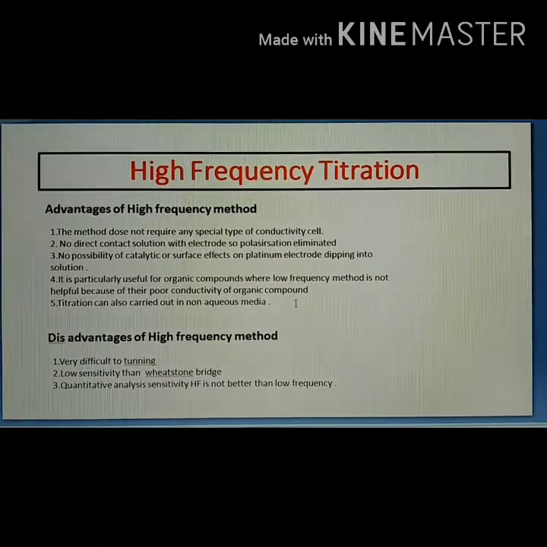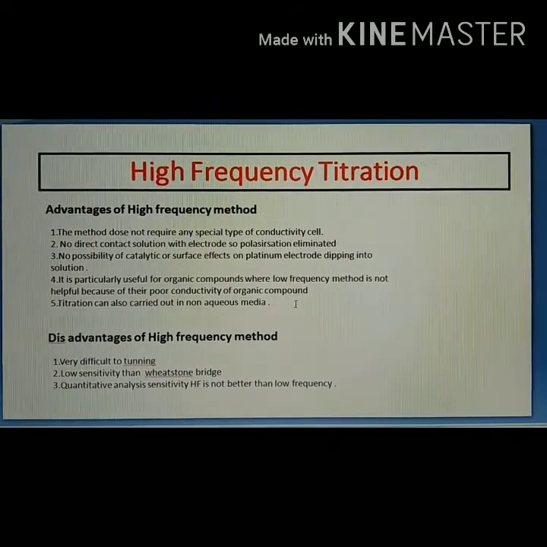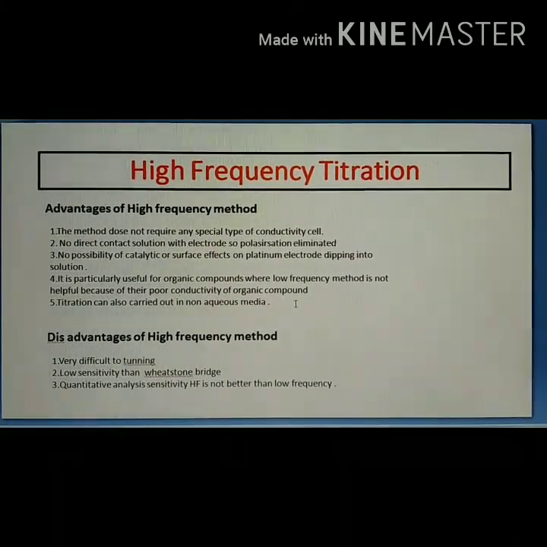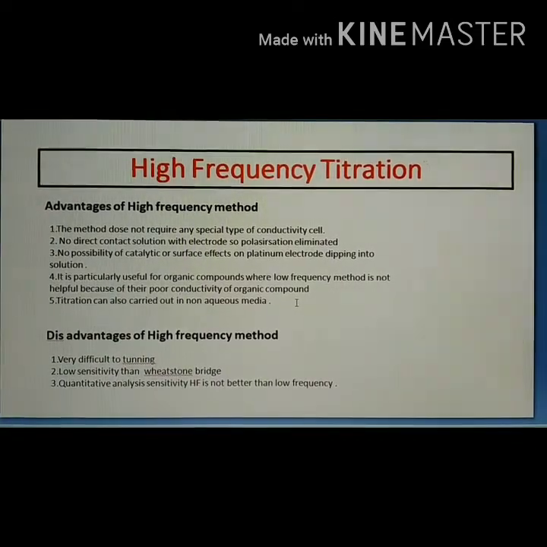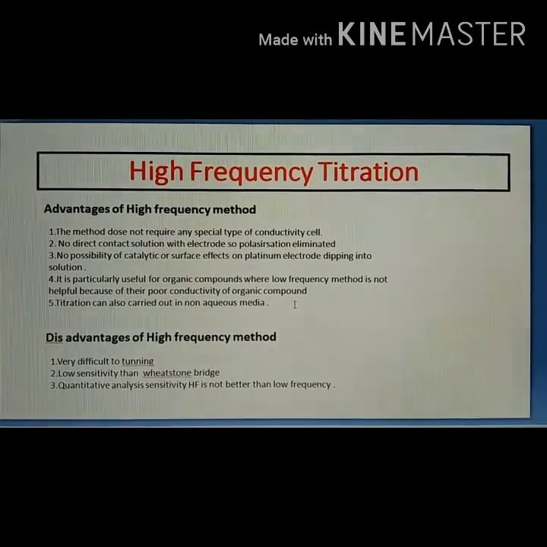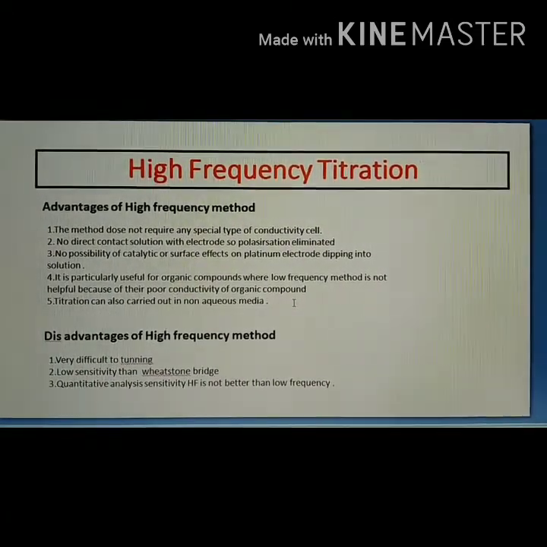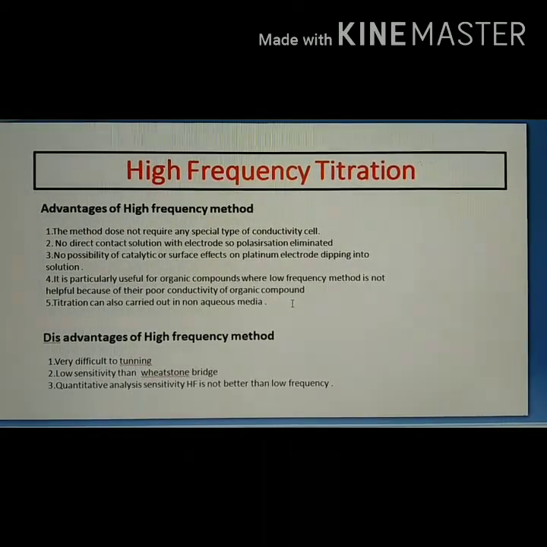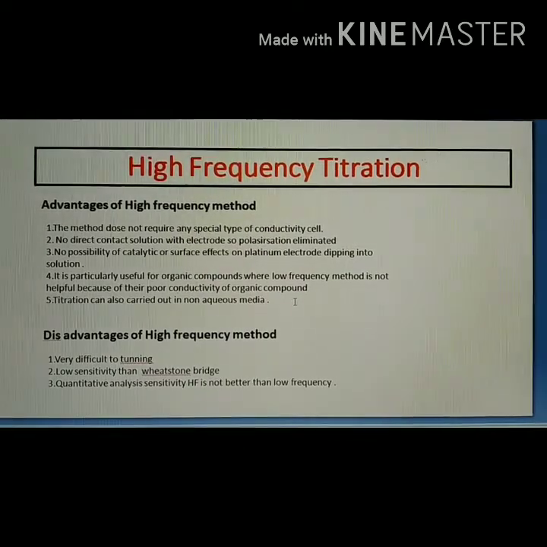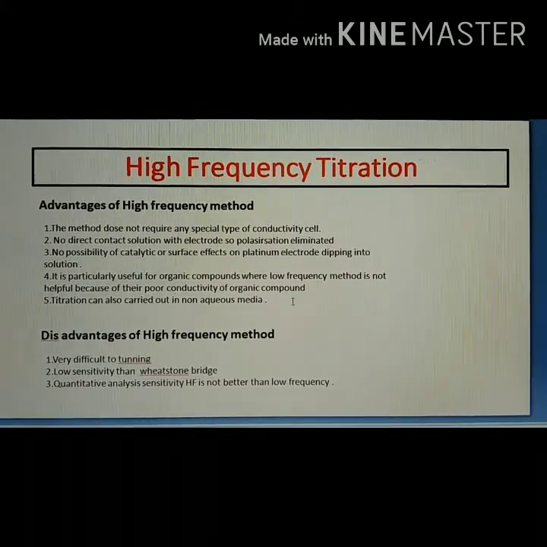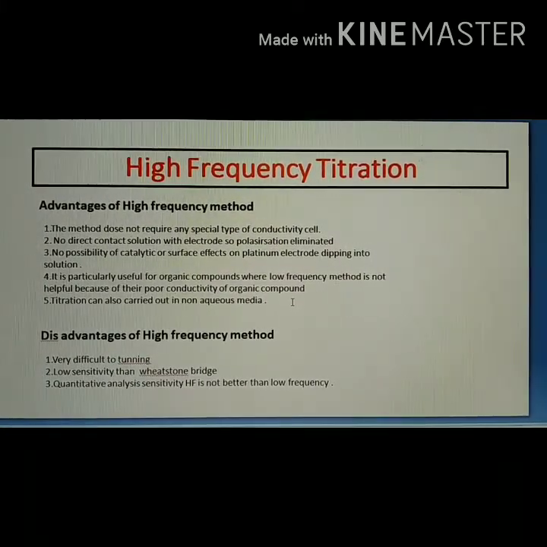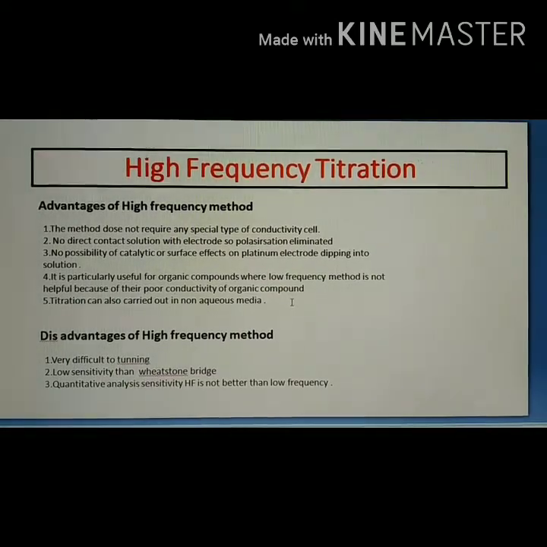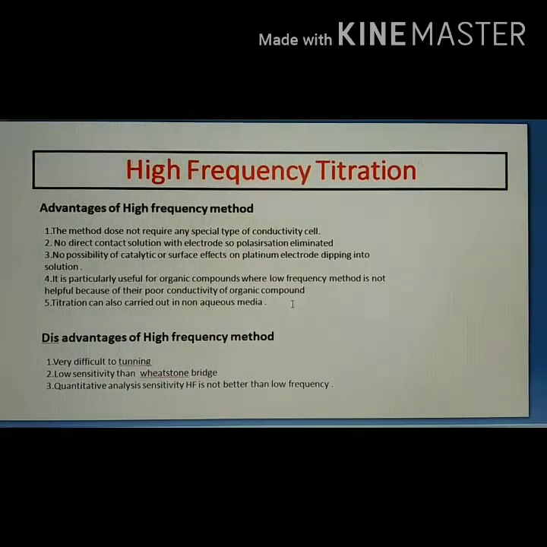In conductometric titrations there is direct contact of the electrode with solutions, but in high frequency titration there is no direct contact, so polarization of the electrodes is avoided, and there is no possibility of catalytic or surface effect on a platinum electrode dipping into the solution.